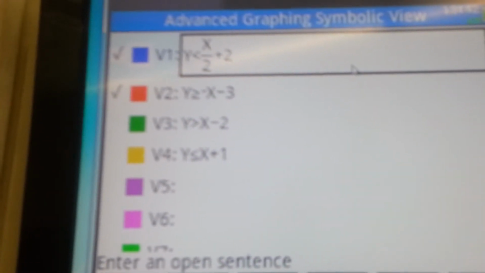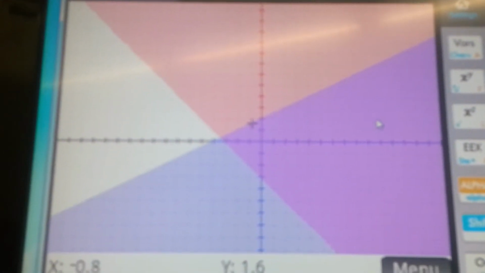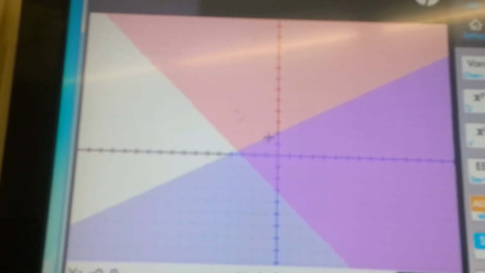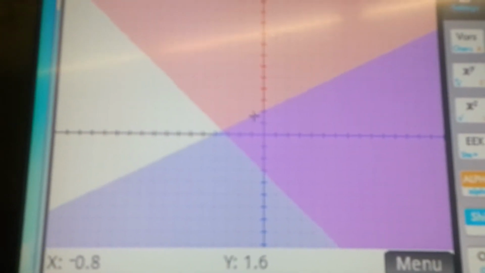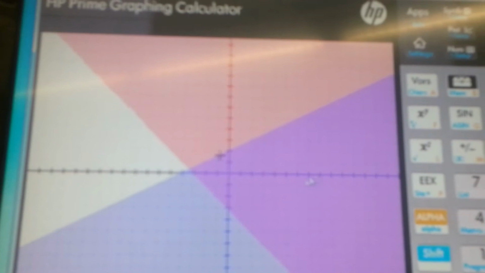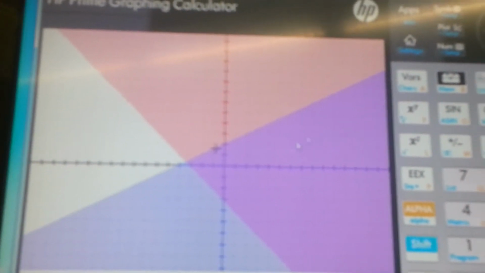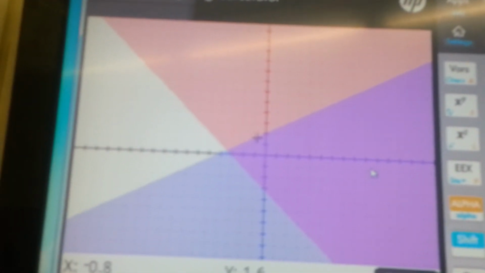Since this calculator can graph in color, when I hit the plot button, it shows me this. One is colored above this line, and the other below this line. Where the darker shade is, the two colors intersect, and that is the section we're looking to shade on our paper.